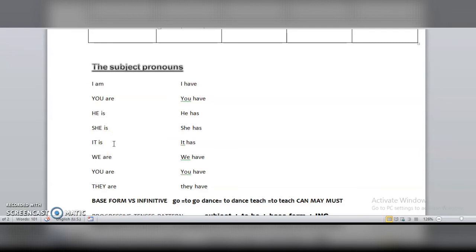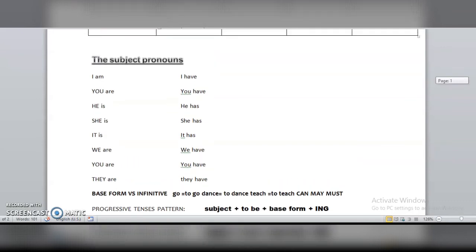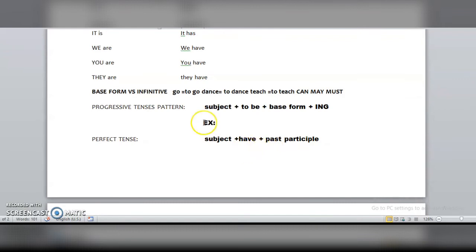For the perfect tenses, I use the auxiliary have. Right? You understand? I hope you understand. Because a verb can be an auxiliary verb and can be the main verb. Okay? So I get the subject. For example, I take you.